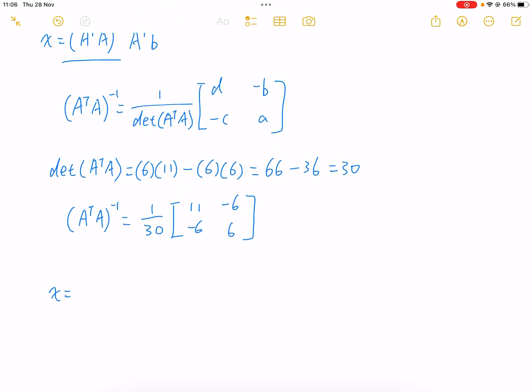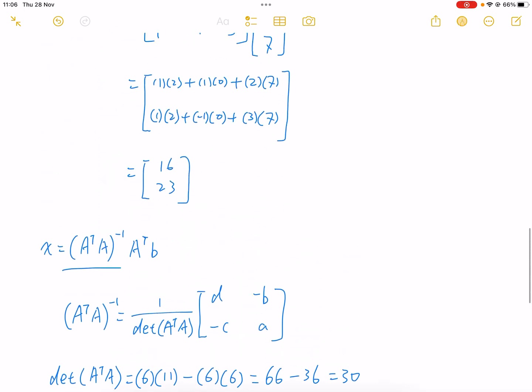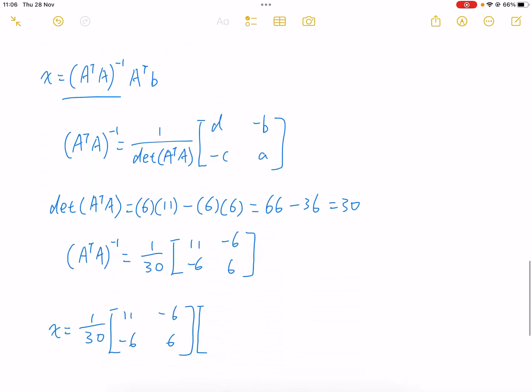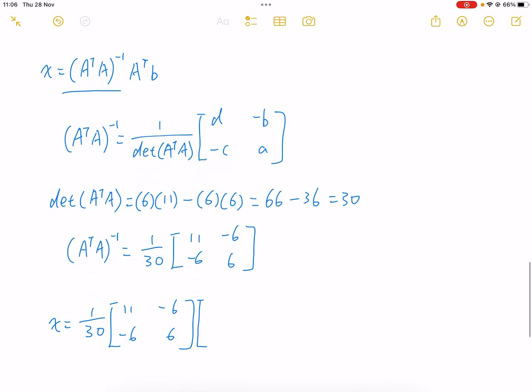So we have the inverse, which is 1 over 30 times 11, negative 6, negative 6, and 6, and then times A transpose times b, which is 16 and 23.